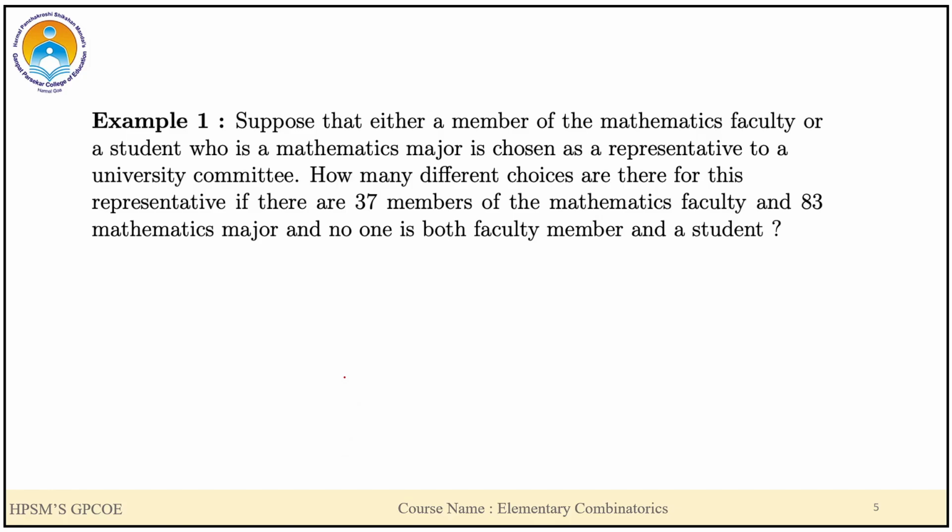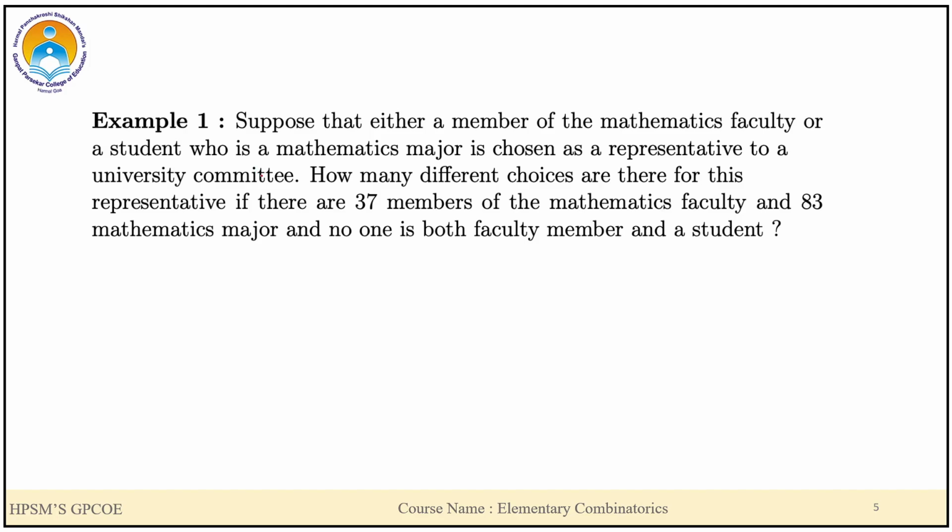So here we have the first example. Suppose that either a member of the mathematics faculty or a student who is a mathematics major is chosen as a representative to a university committee. Then how many different choices are there for this representative?